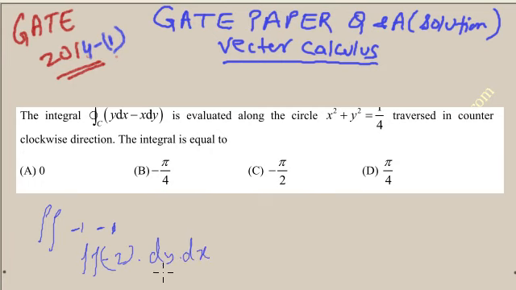So the double integration of this is actually the volume of this surface, where the height is constant, minus 2.